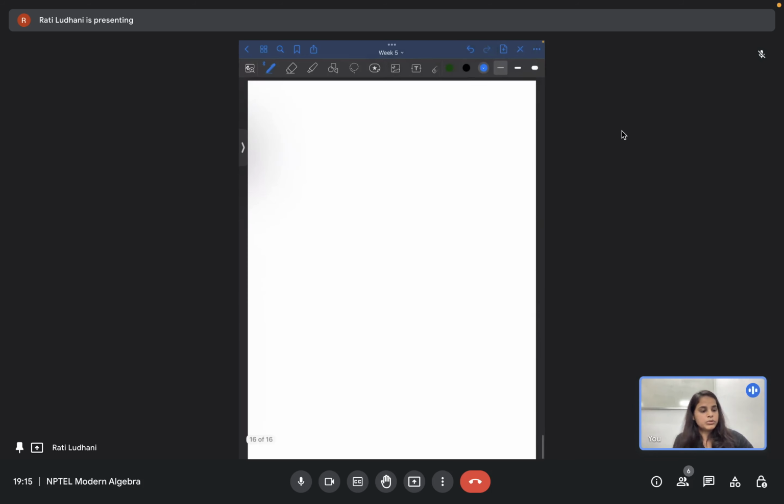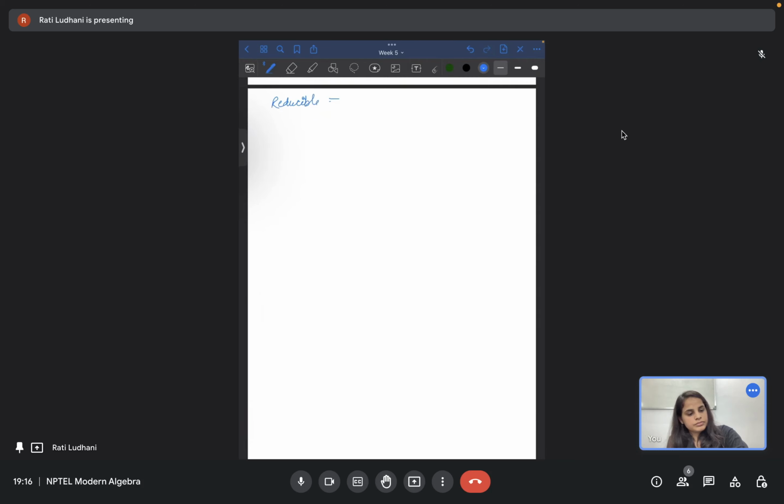Now we are saying reducible means: the quadratic x square plus ax plus p is reducible if and only if x square plus ax plus p can be written as (x plus m) times (x plus n) for some m and n belonging to Z_p.